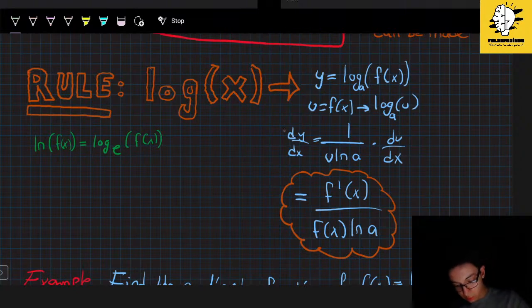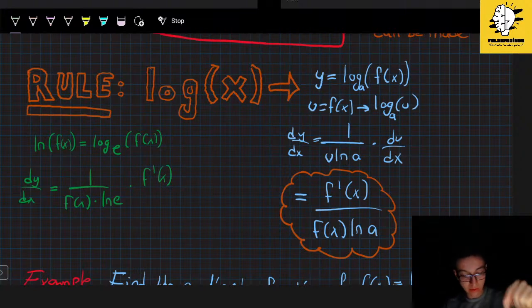So using this rule, my dy over dx would be equal to 1 over f(x) times ln, what is my base? It is e, right? Times f'(x). Now did you understand why there is a difference between log x and ln x?